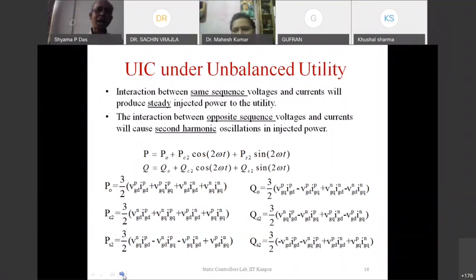It is not only the active power but also the reactive power. In the reactive power also, we have a steady reactive power, that is Q naught, and we also have an oscillatory reactive power, which is exactly in the same way because of the interaction of the positive sequence voltage with negative sequence current, or negative sequence voltage with positive sequence current.